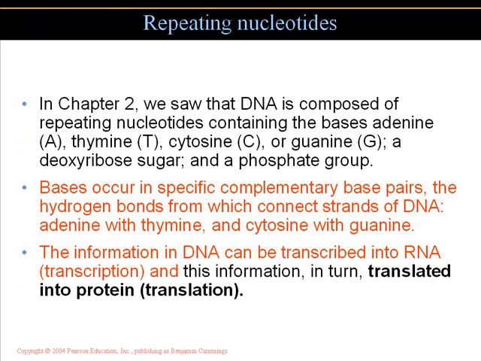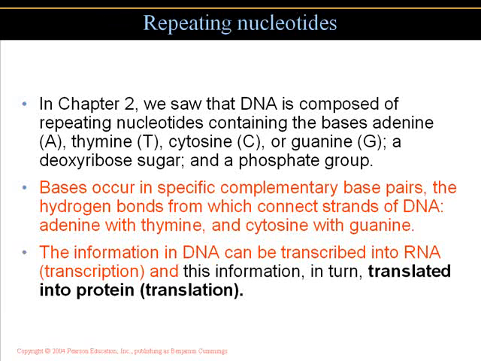You've seen previously the base pairing, the repeating nucleotides. We've talked about adenine, thymine, cytosine, guanine, uracil. Bases occur in specific complementary base pairs. The hydrogen bonds connect the strands of DNA: adenine with thymine, cytosine with guanine. Information in DNA can be transcribed to RNA by a process referred to as transcription, and then this information is in turn translated into a particular protein.